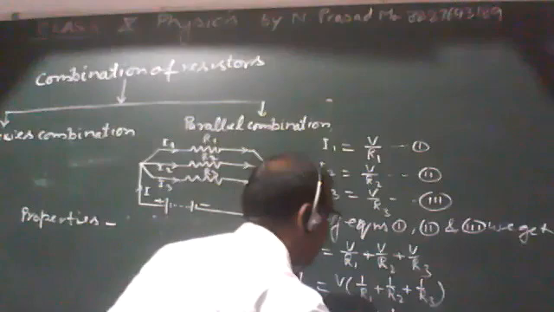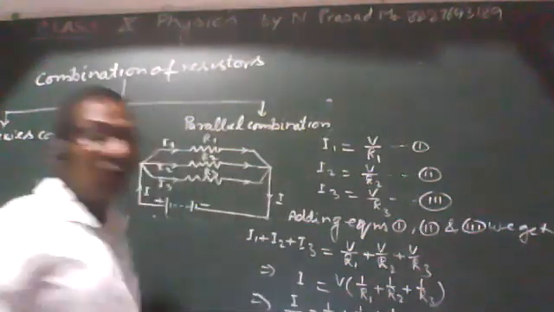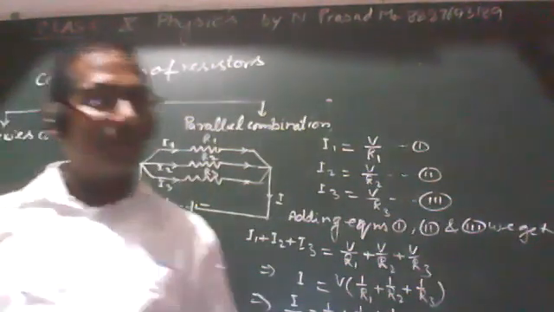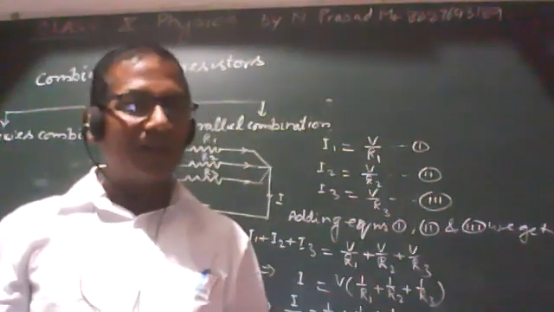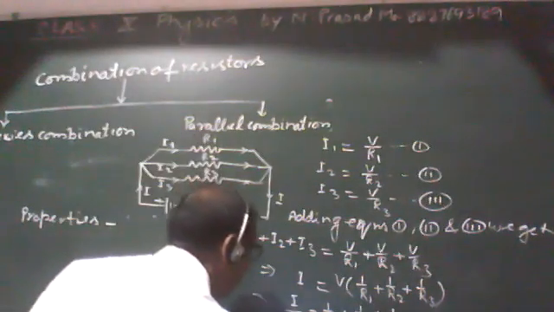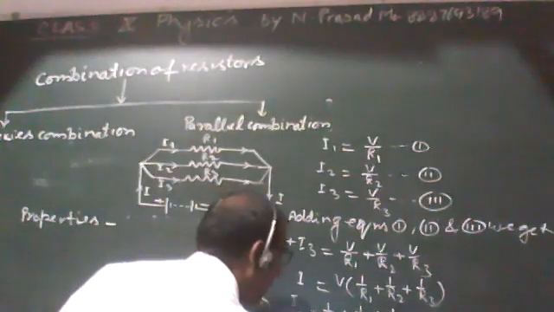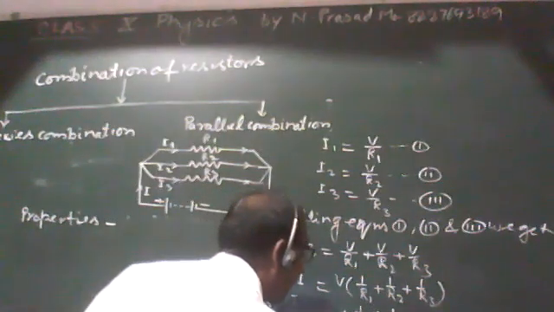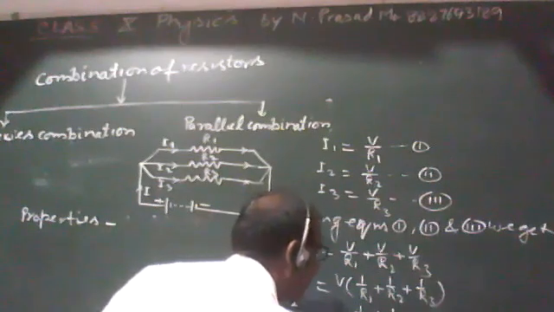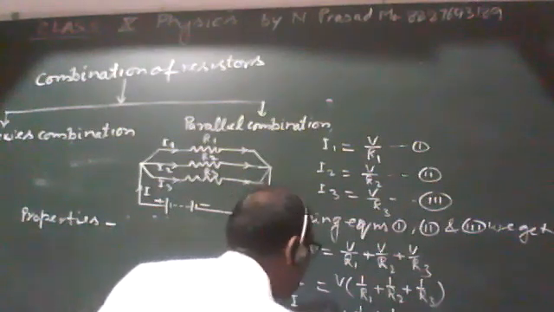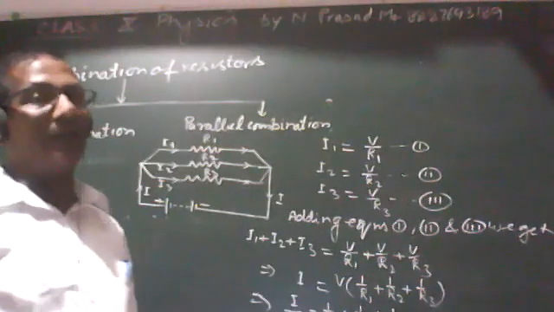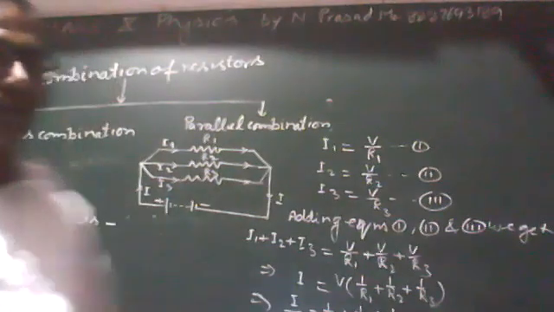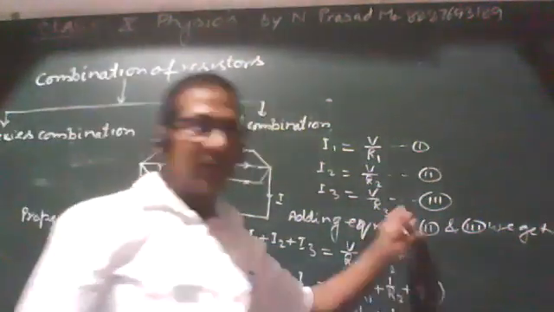You know, V by I is equal to R, and I by V is equal to what will be? 1 upon R. So 1 upon R is equal to 1 upon R1 plus 1 upon R2 plus 1 upon R3. This is the equivalent resistance for parallel combination. Friends, try to understand. This is very easy.